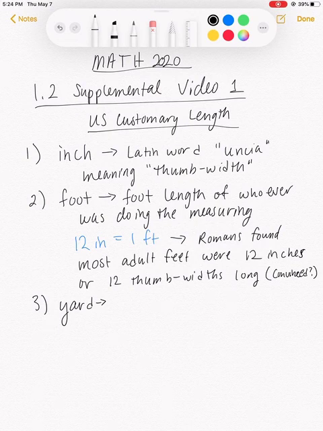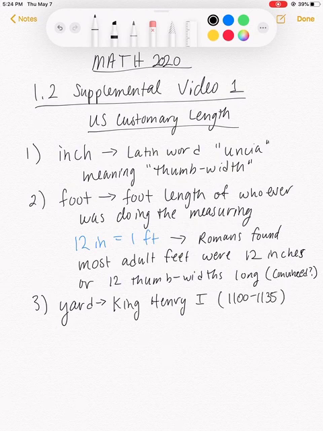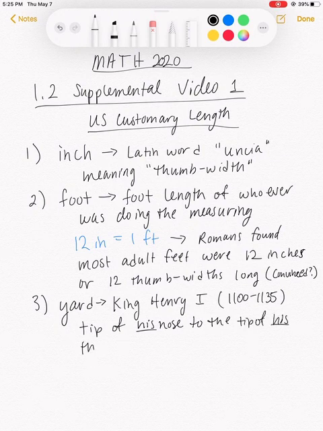Well, King Henry I, who lived from 1100 to 1135 AD, established the yard by using the tip of his nose to the tip of his thumb on his outstretched arm.